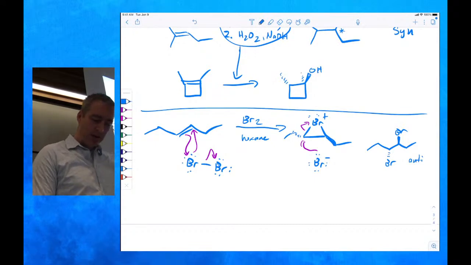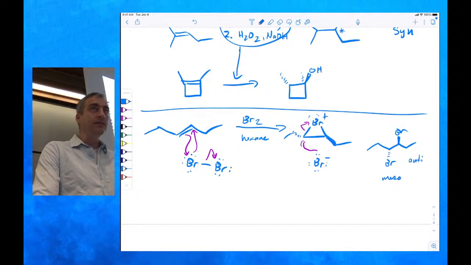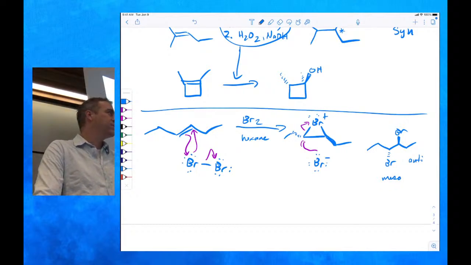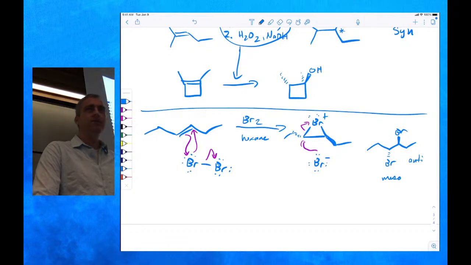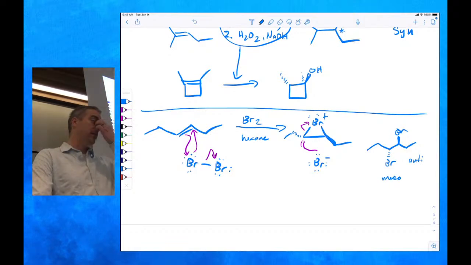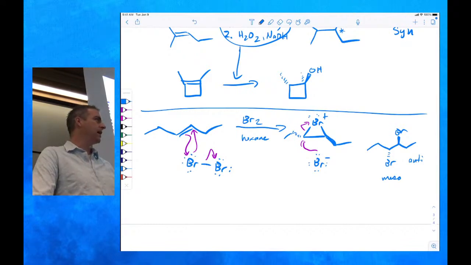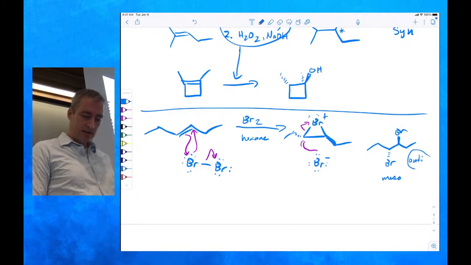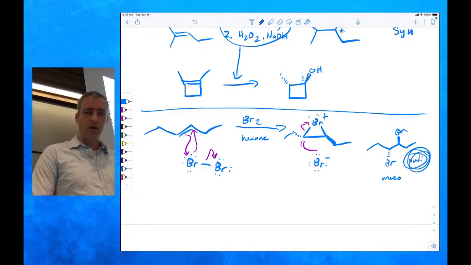So that ends up being a meso compound, because the Brs are trans, and the ethyls are trans, and so that gives you a meso product. If you added it to the cis alkene instead, you get a pair of enantiomers. You'd get the RR and the SS. So anti is the key to that one. Always anti.